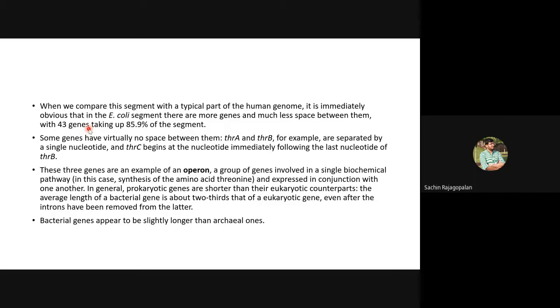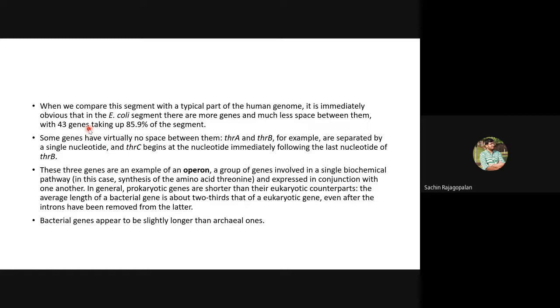But it is a characteristic feature that is very evidently recorded in prokaryotes, wherein a group of genes which are involved in the same pathway are closely packed as a cluster. So all of those genes are involved in the same process. Like this thrABC, all three genes are involved in synthesis of the amino acid threonine. So you can see that they have been packed very closely with each other.